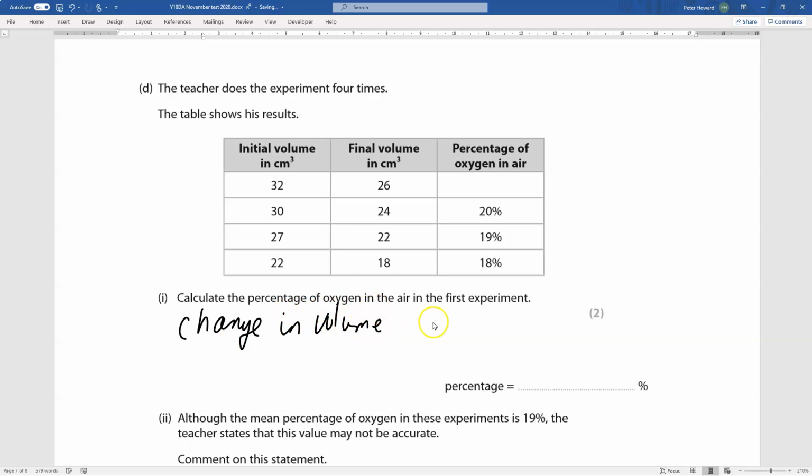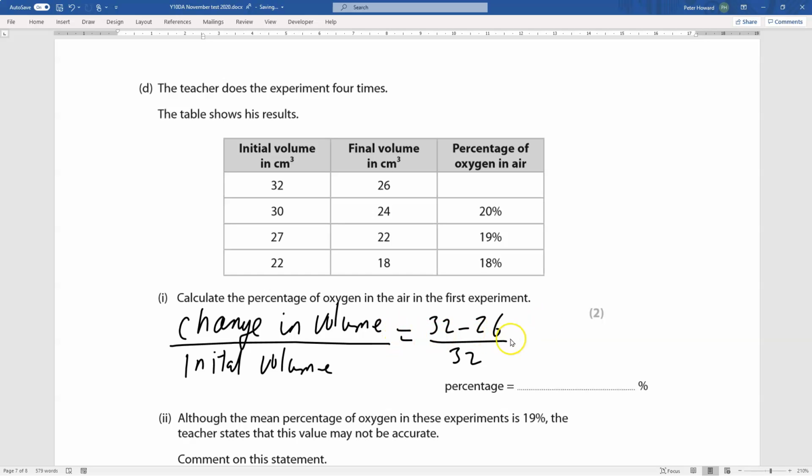And the change in volume is due to the amount of oxygen which has now gone from being a gas to being incorporated with iron and a bit of water in rust, divided by initial volume. So 32 minus 26 over 32, and obviously it's a percentage, so it should be times by 100.